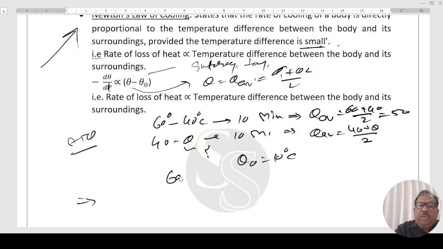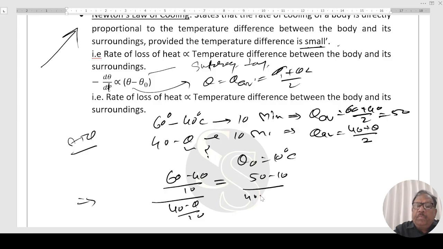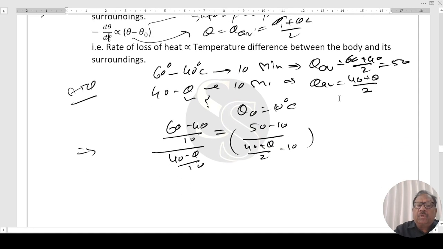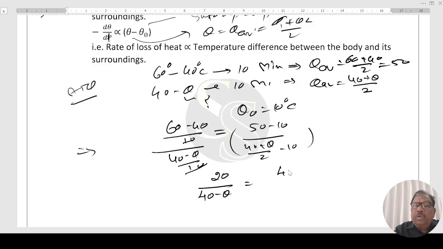Now 60 minus 40 divided by 10 upon 40 minus theta divided by 10 will be equal to, constant of proportionality cancels out, 50 minus 10 upon 40 plus theta divided by 2 minus 10. On simplification, this goes 20 upon 40 minus theta equal to 40 upon 20 plus theta into 2.